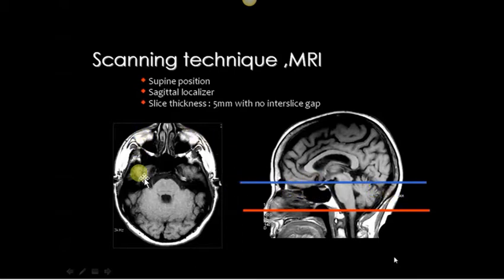In this axial view, you can see just behind the cerebellum a little portion of the occipital lobe. This type of structure we usually do not take in the MRI. Usually we take the MRI in such a way that the occipital lobe and the cerebellum do not overlap each other.